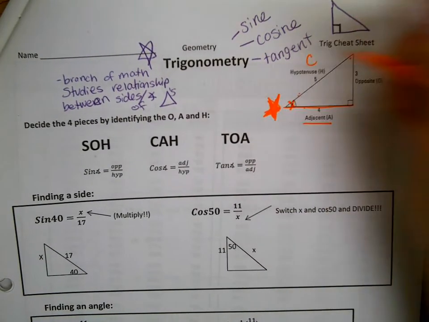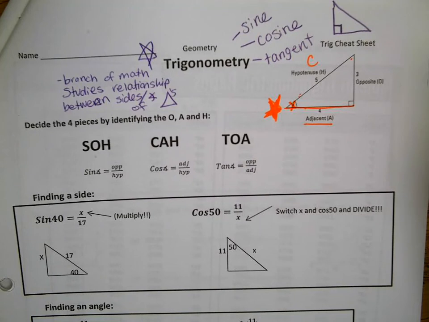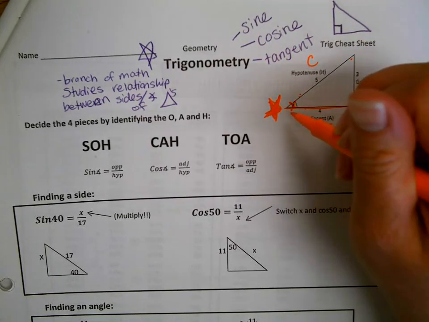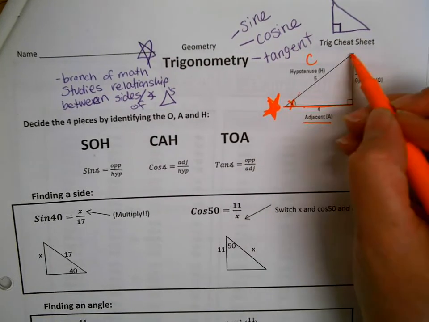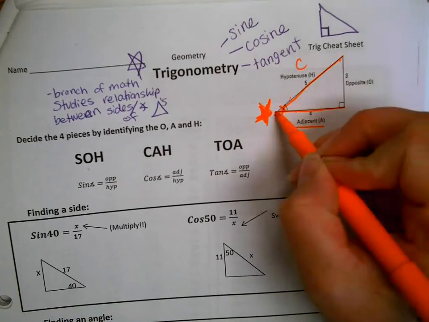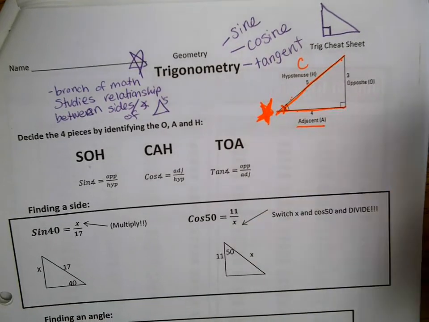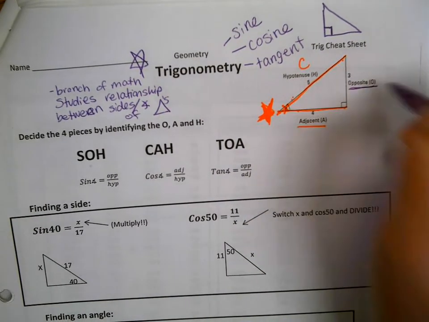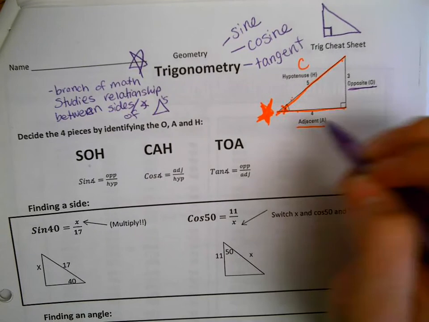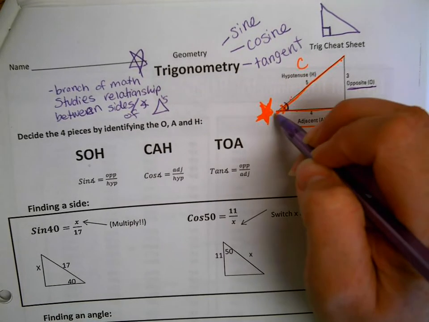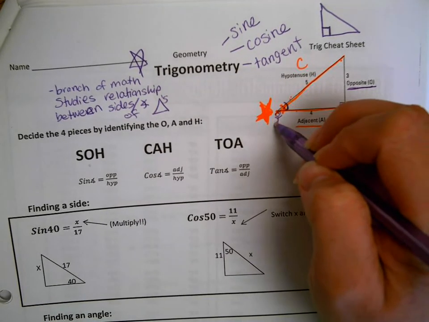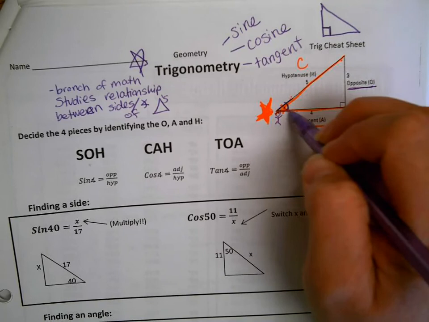The side opposite your right angle, we all know where the hypotenuse is. That's usually our C if we're talking about the Pythagorean theorem. But from our angle, if you're not the hypotenuse or the adjacent side, then you're labeled the opposite side. Opposite. So meaning if I'm a person standing at this angle, I'm touching these two sides.